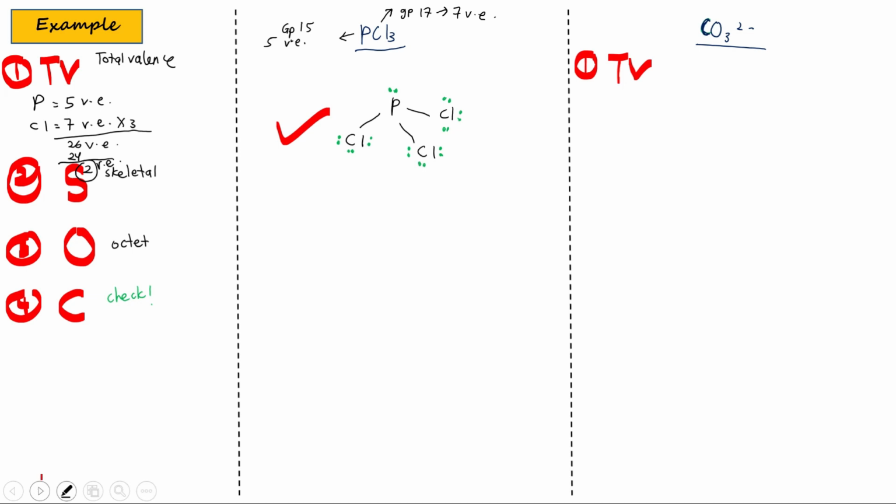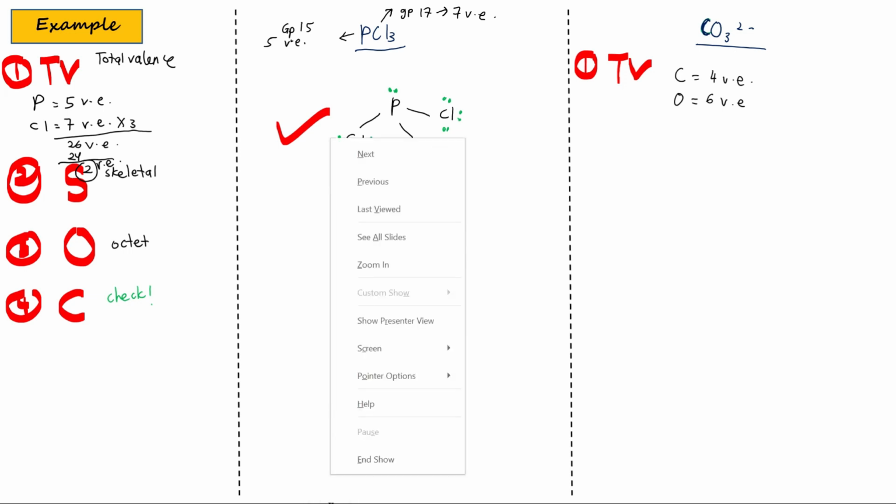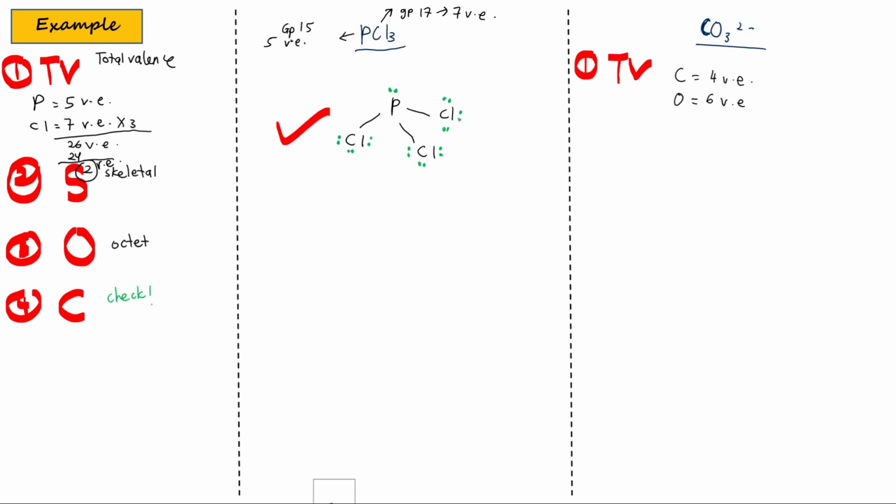We need to calculate the total valence electron in the polyatomic ion. Since carbon is in group 14, carbon consists of 4 valence electrons, while oxygen consists of 6 valence electrons. Since in 1 mole of carbonate ions, there are 3 moles of oxygen atoms, we need to times by 3.